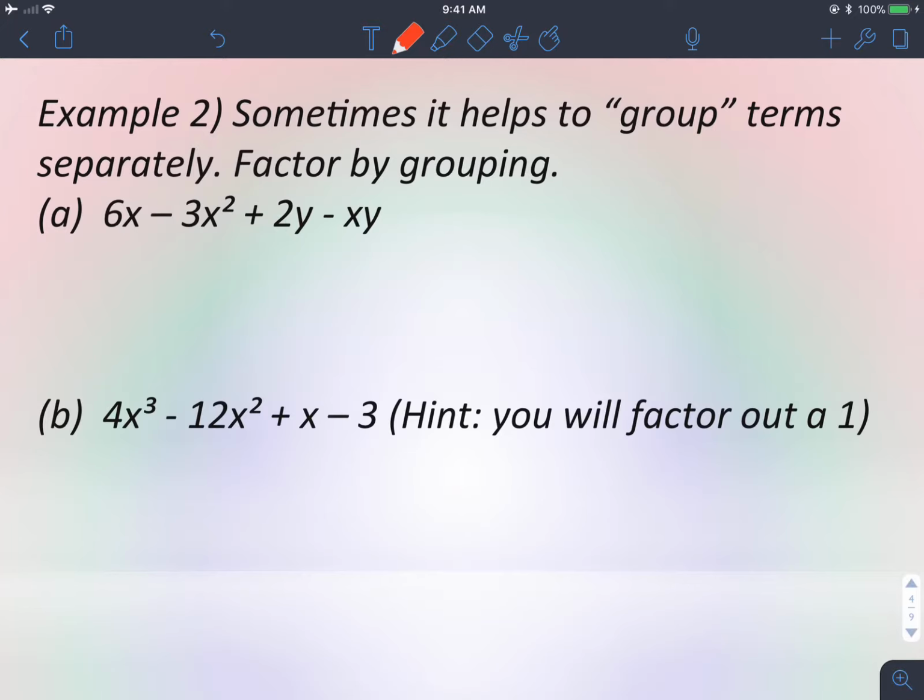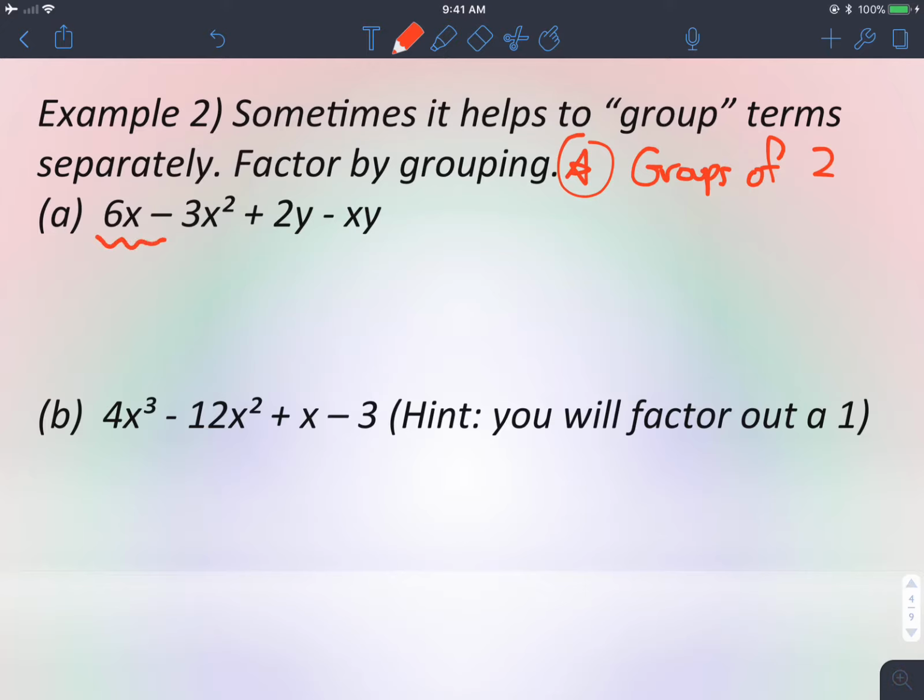Immediately, the next thing they asked you is to factor by grouping. So I'm going to group terms together based on what I think they might have something in common. And almost always, it's just going to be groups of 2.